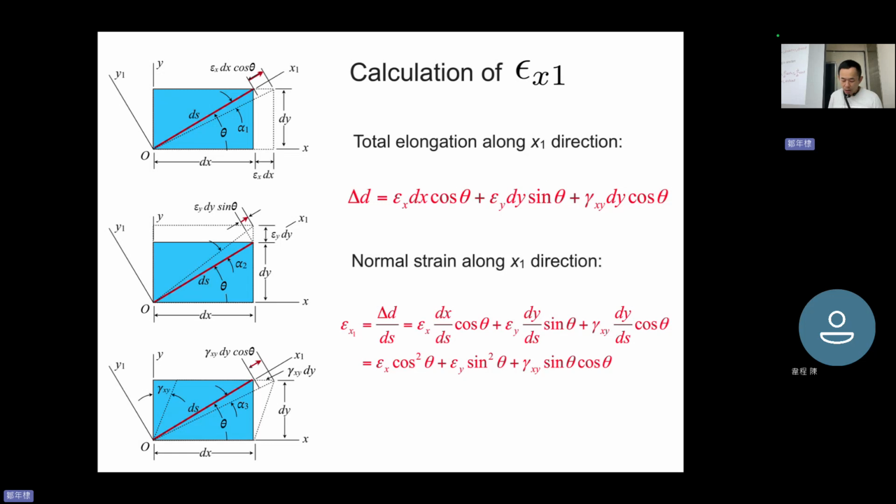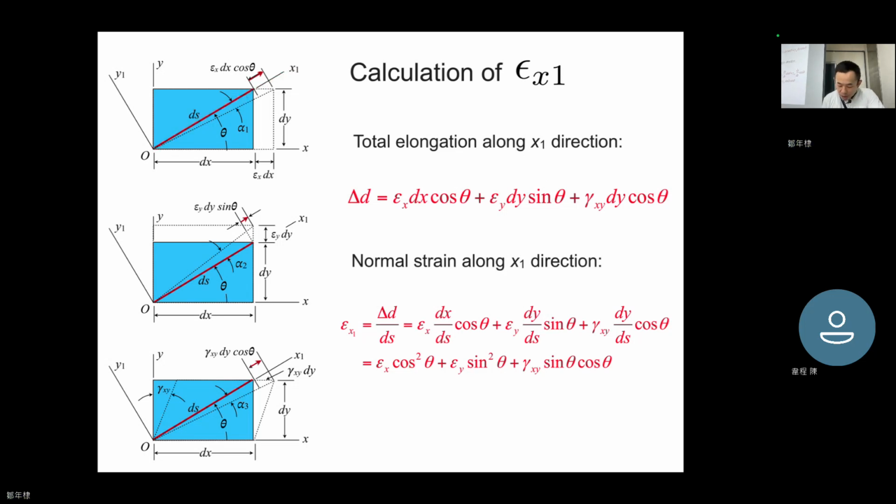Okay, so now calculation of epsilon x1, the total elongation along x1 direction. ds is the original length of this diagonal red line, along x1.